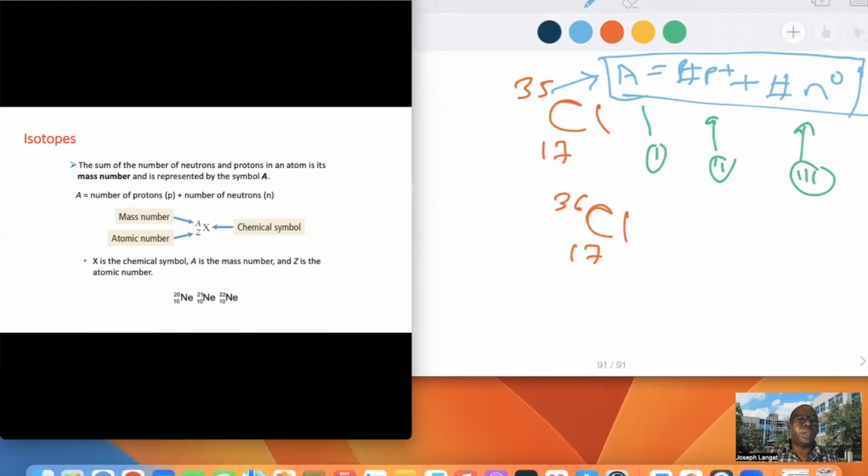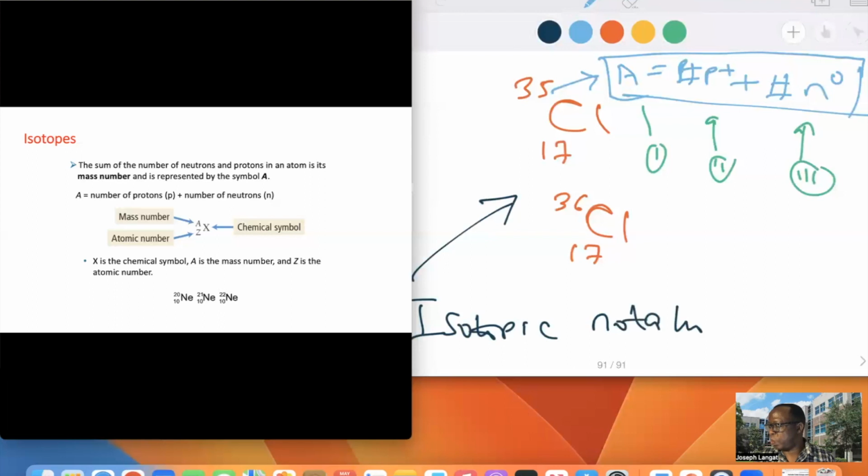All right. This is isotopic notation, and there are three ways.